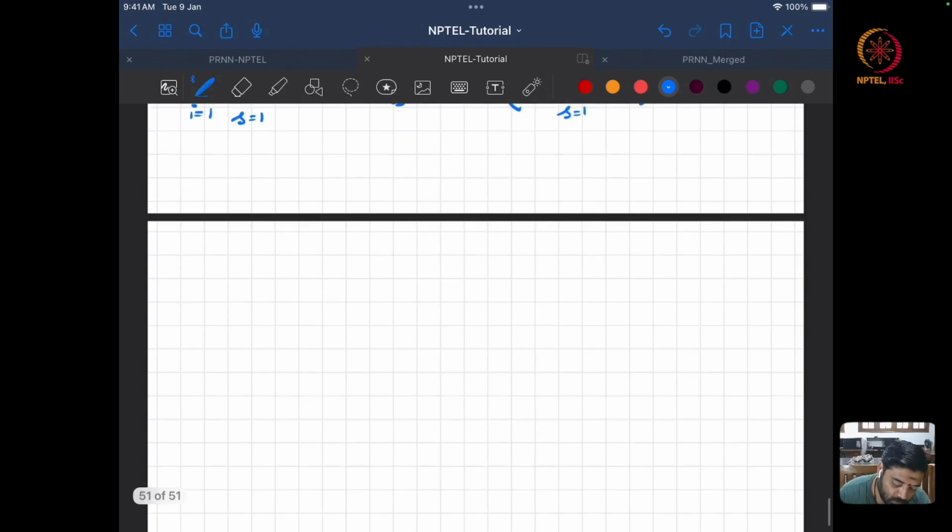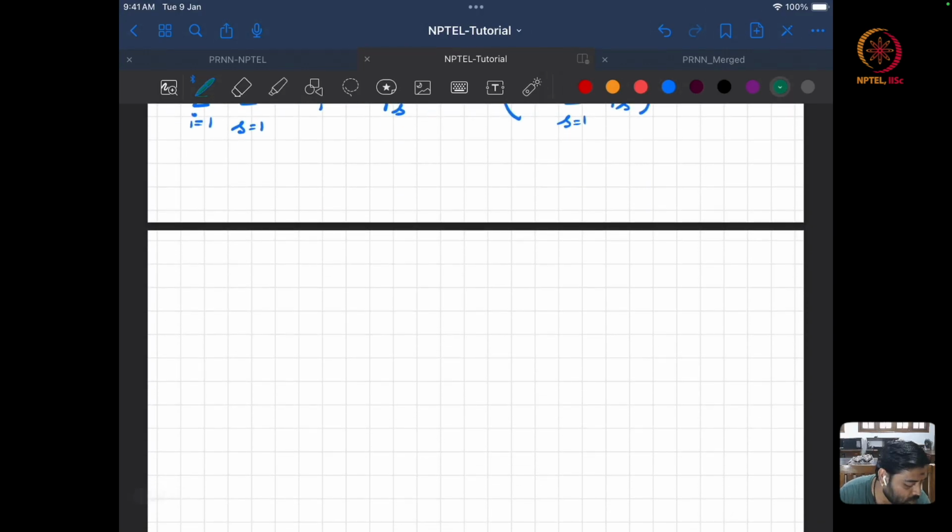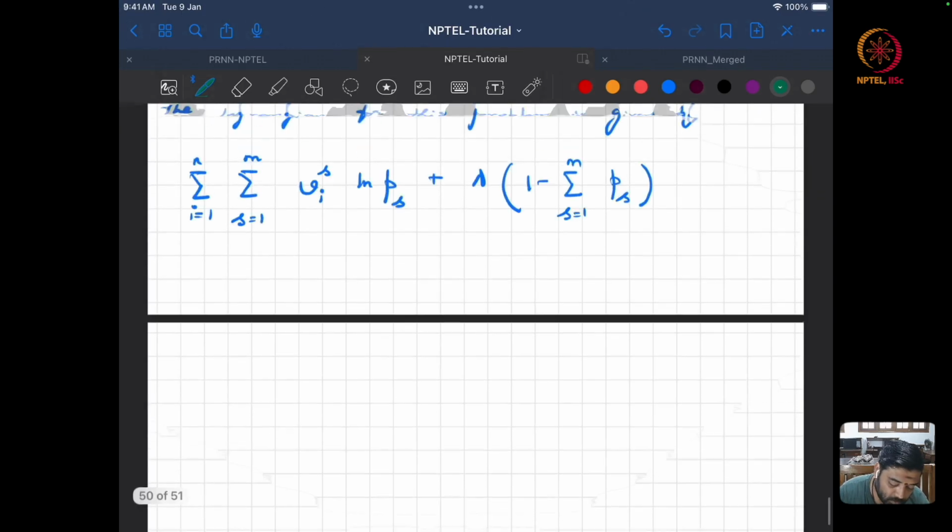Okay. So now what is it that we have to do? We have to calculate the partial derivative of the Lagrangian with respect to the parameters and then equate it to 0.